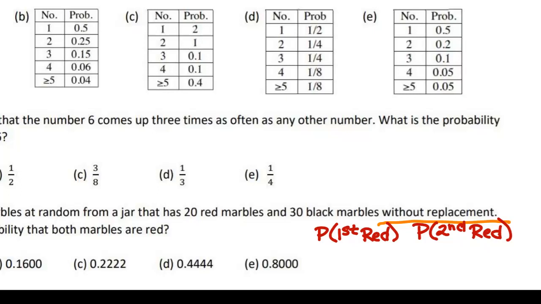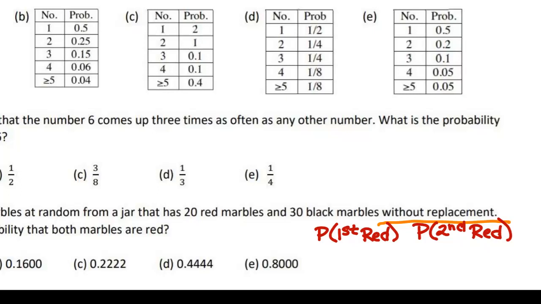Are these independent events? Okay. They are not independent events.